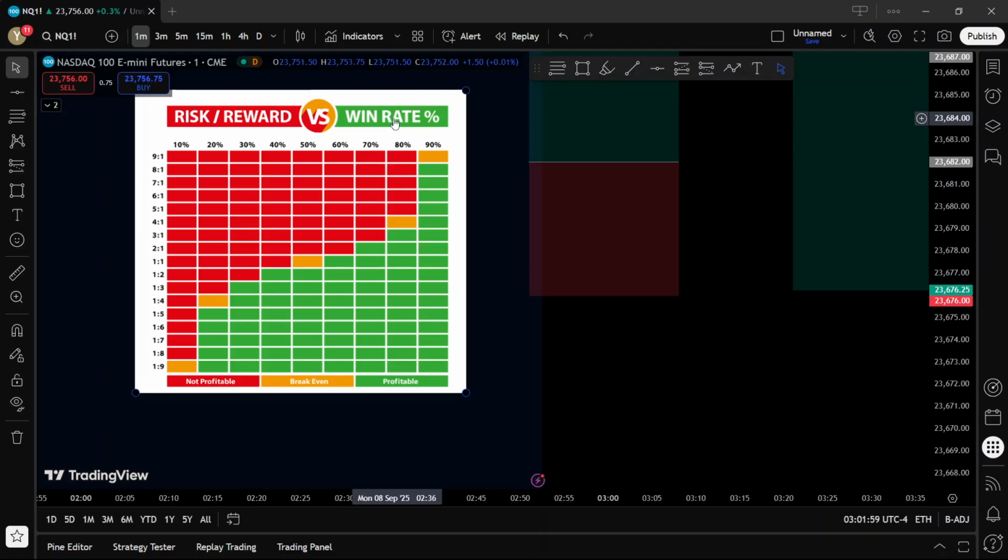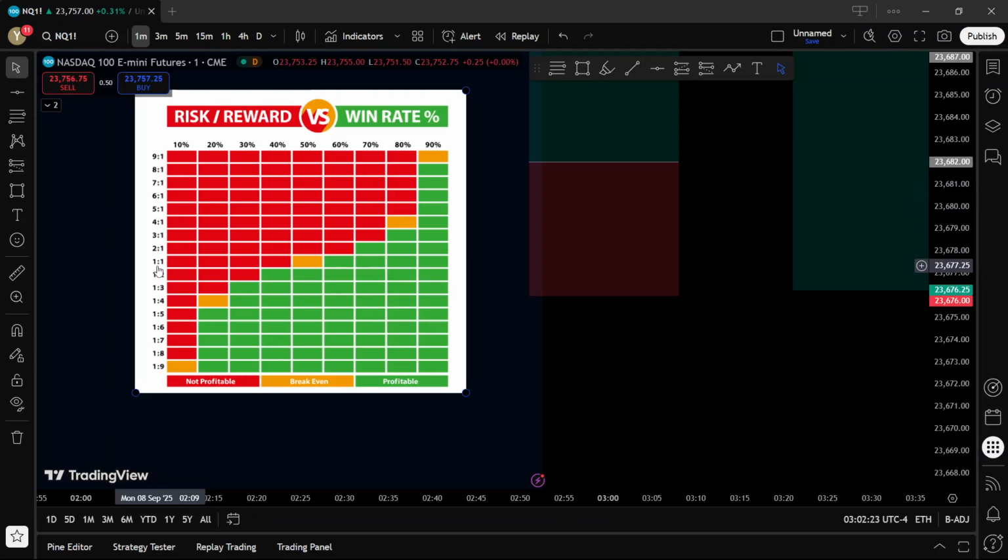And then you have a win rate. A win rate is based on what strategy you have, of how many times it wins in the market. And if you're risking 9 for 1 point and you have a 90% win rate, you're at break even. You're not being profitable. For me, why would you even take any of these type of trades? That doesn't make sense for me personally.